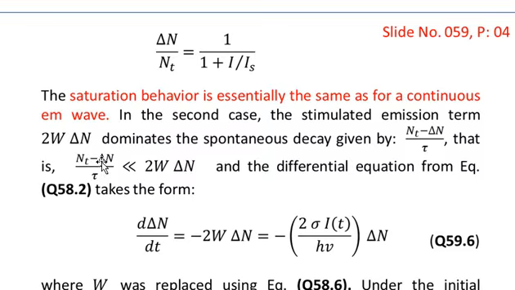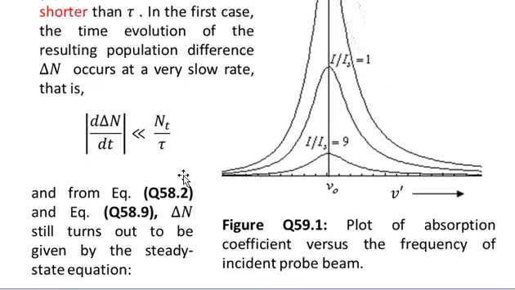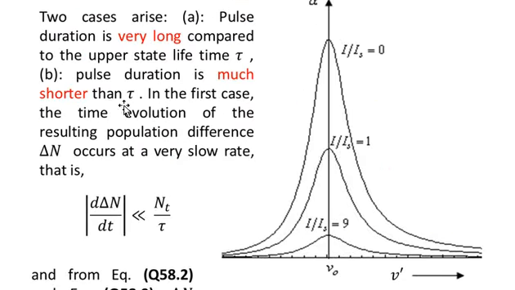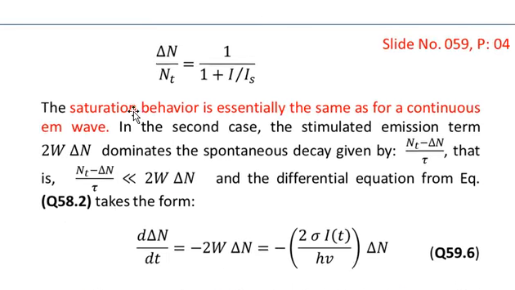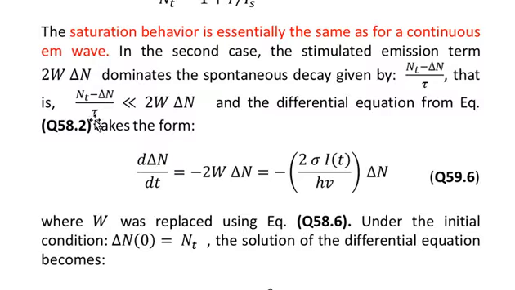That is, Nt minus delta n over tau is much less than 2W into delta n. Because in the second case tau is much larger in comparison with the pulse duration, so we can set Nt minus delta n over tau to be less than 2W into delta n.